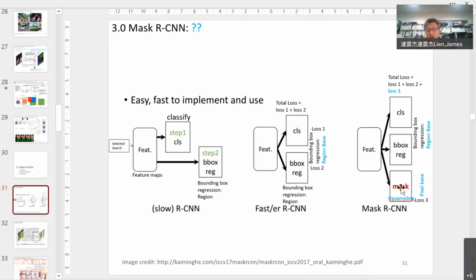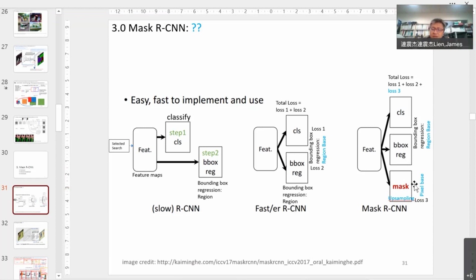Upsampling is still a problem we want to solve, because you do encoding, and in the encoding you already lose a lot of information. So how can you recover the low-resolution information to high-precision information? People still try to solve it.